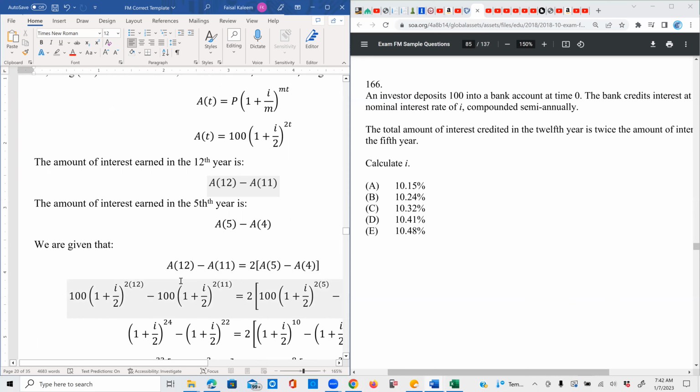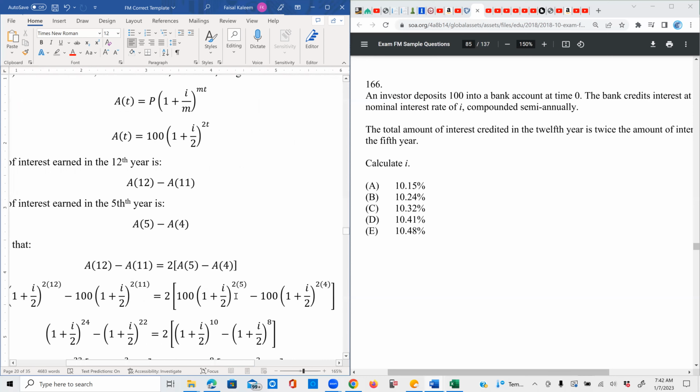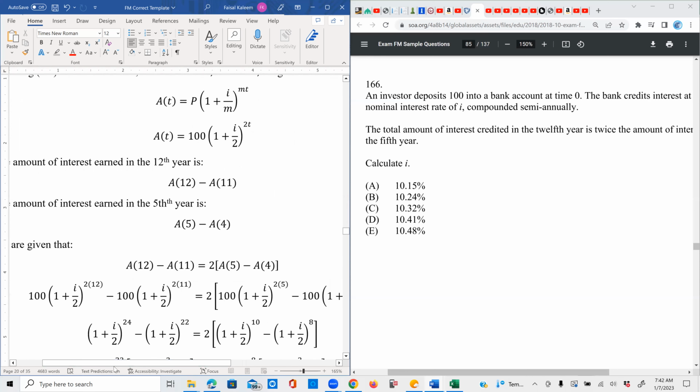And now we just substitute these t values of 12, 11, 5, and 4 in this amount equation. So A12 would be 100 (1 plus i/2) whole power 2 times 12. Similarly, A11, A5 and A4, and we have a 2 outside. And now we will simplify.